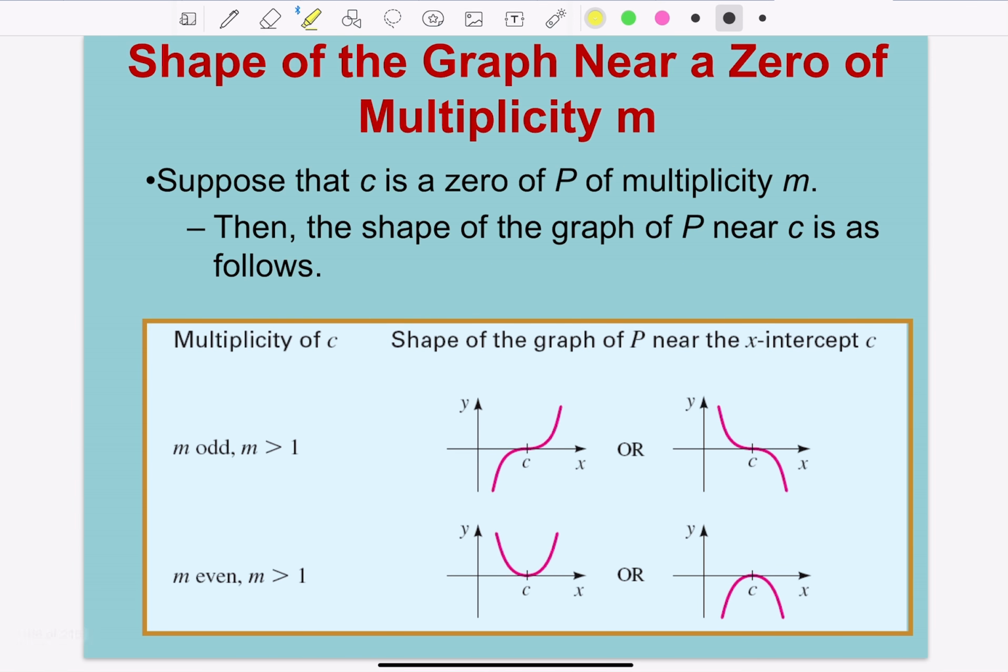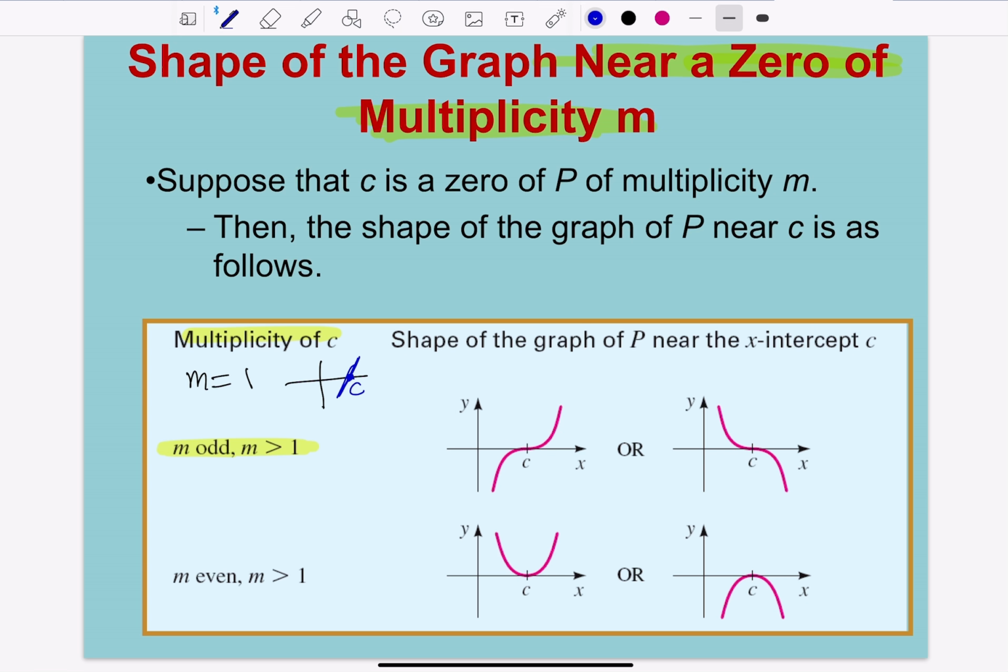Shape of the graph near a 0 of multiplicity m. So sometimes we have a root which is a repeated root. So for example, for a polynomial, x can be a repeated root, or x minus 2 can be a repeated root. If c is a root of multiplicity 1, then the graph is going to just cross at that point.